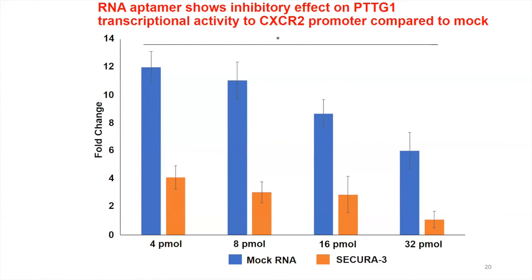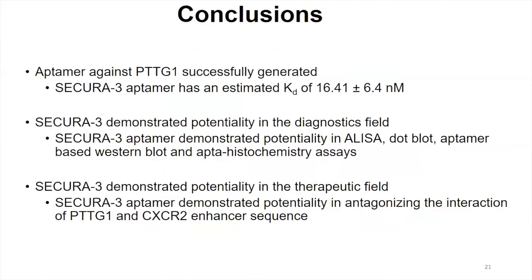When you increase the amount of aptamer, it reduces the luminescence production as compared to the mock RNA. And this proves that the aptamer, Secura-3, is able to impart an inhibitory effect on PTTG1 transcriptional activity as compared to mock. And as a conclusion, we have successfully selected an aptamer against PTTG1 with a KD value of 16.41 nanomolar.